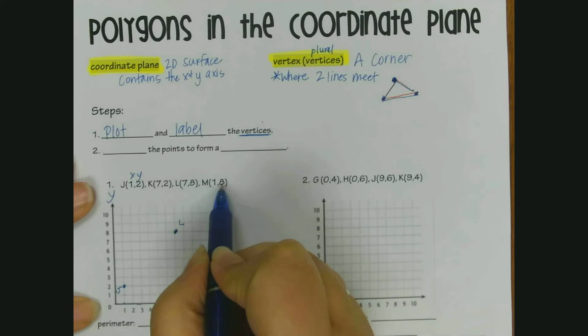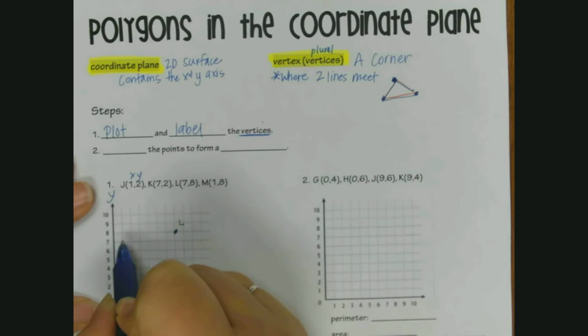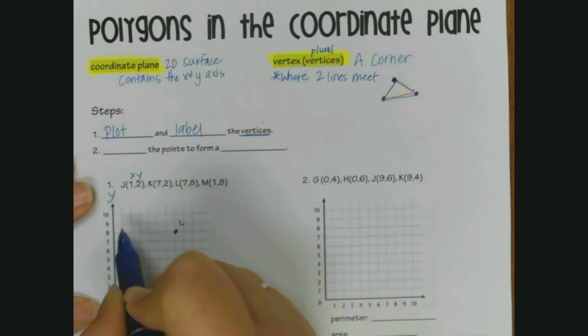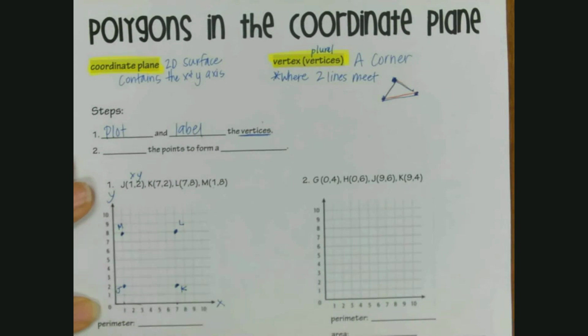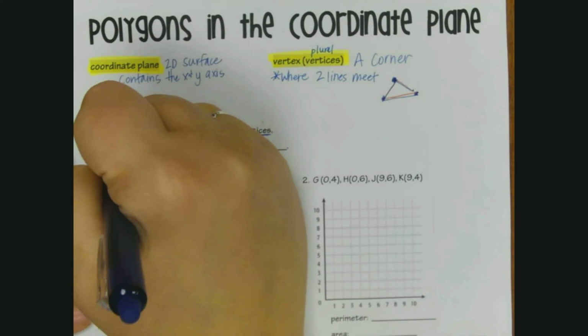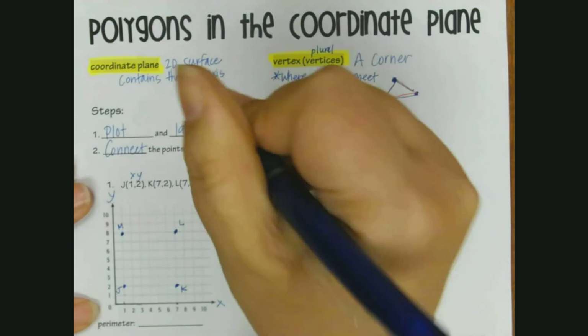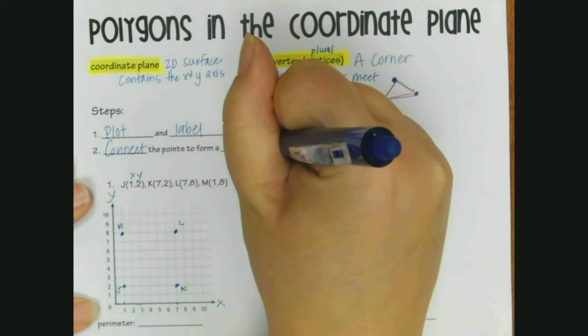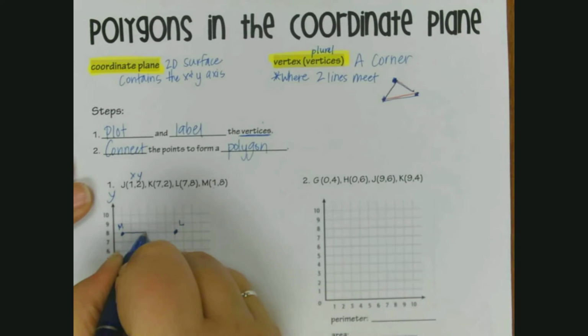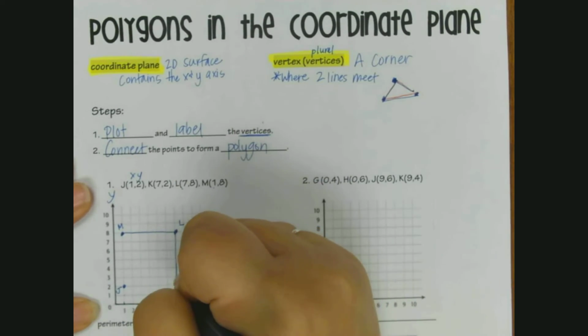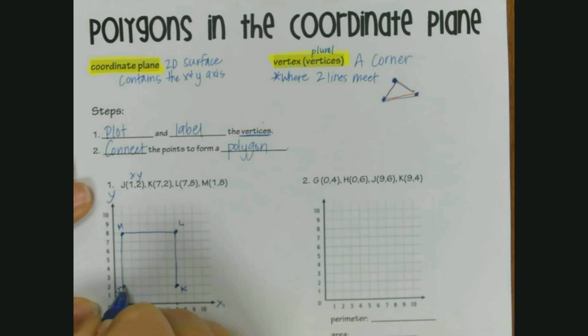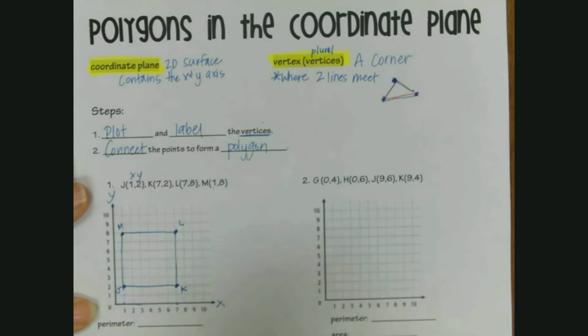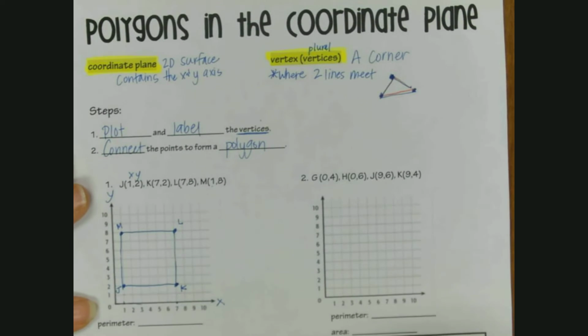And the last one, 1, 8, over 1, up 8, plot it and label that M. Okay, step number 2 is connect the points to form a polygon. So I'm just going to make a shape out of these by connecting the dots, the vertices, and it looks like a square. Let's check that out and see.